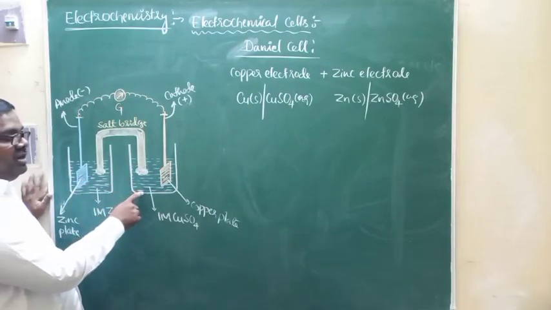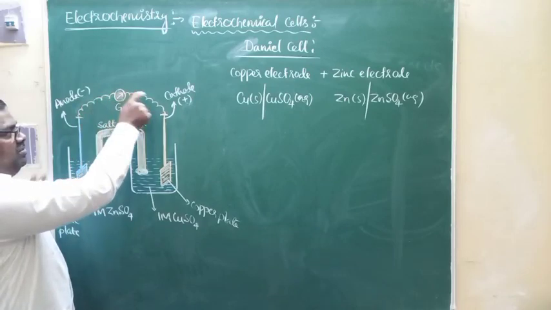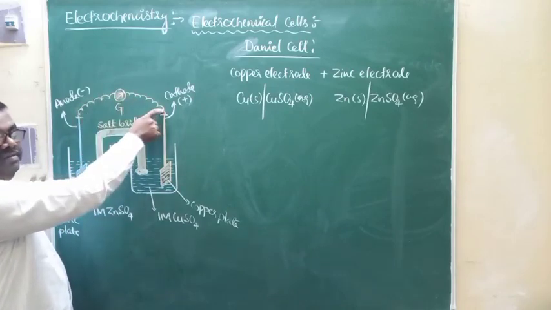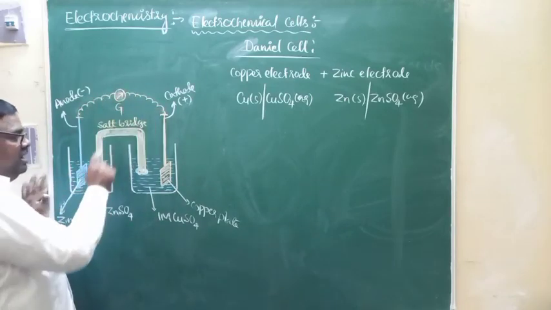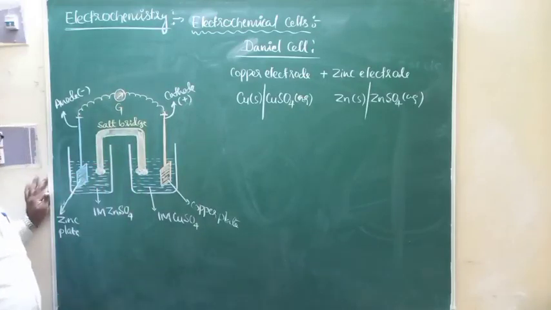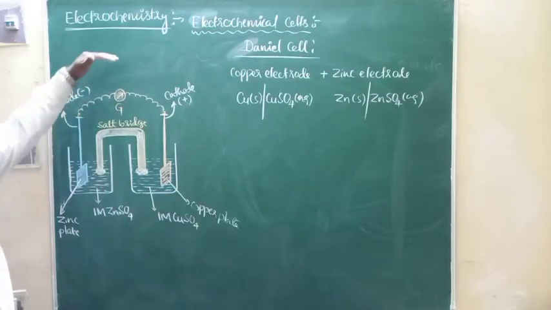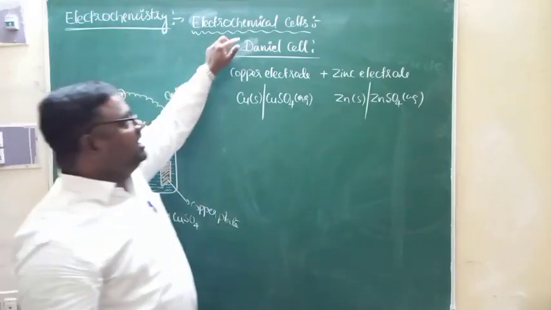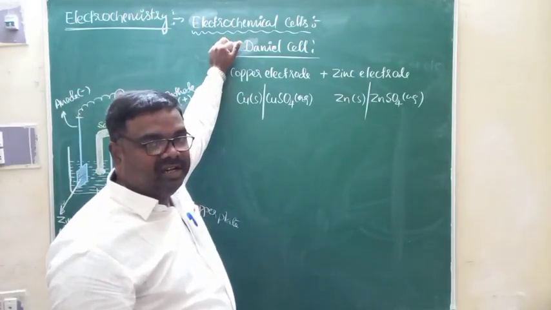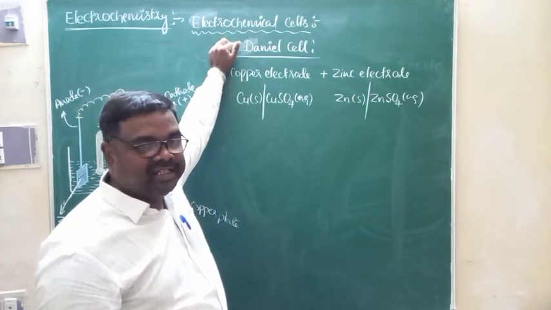When these two electrodes are connected externally by an electric wire, any conducting wire you can go for, and internally by a salt bridge, that results in one of the galvanic cells known as the Daniell cell. Observe here, the two electrode systems are connected through a galvanometer. I can use this galvanometer to detect the production of electricity. I'll give the details of the salt bridge later.